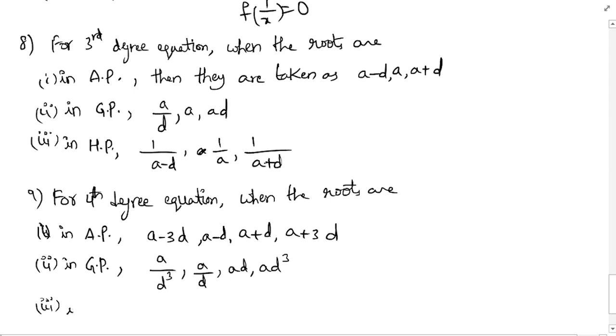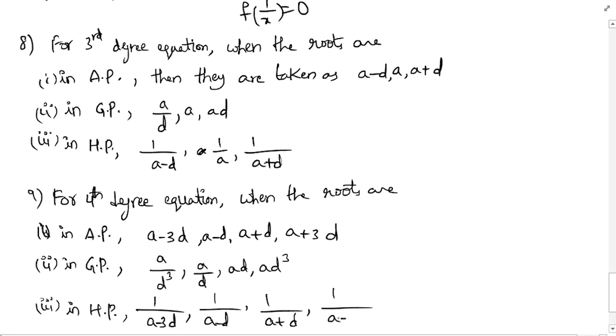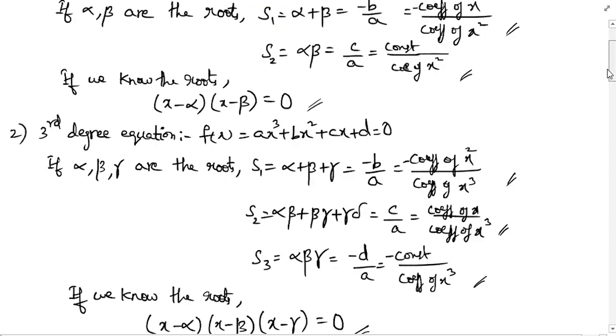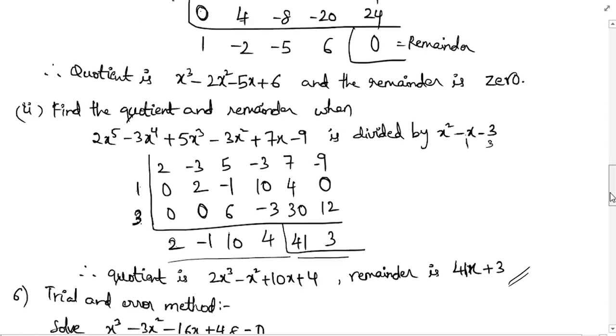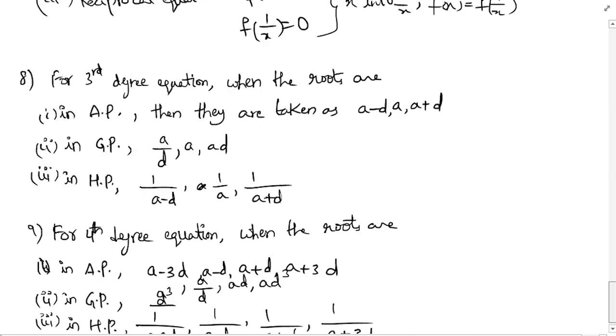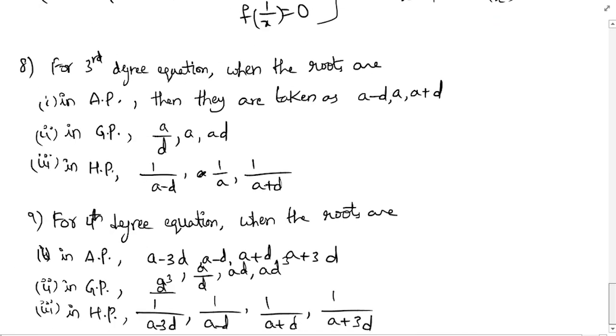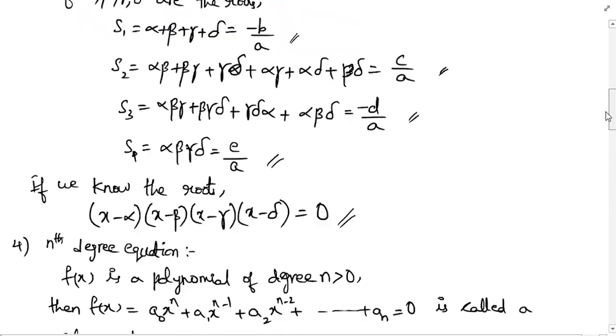But suppose it is given that the roots are in HP, then we can write it as 1 by A minus 3D, 1 by A minus D, 1 by A plus D and 1 by A plus 3D. So these are the important formulae and important points which you have to remember before proceeding to our problems. So totally we have 9 formulae here.